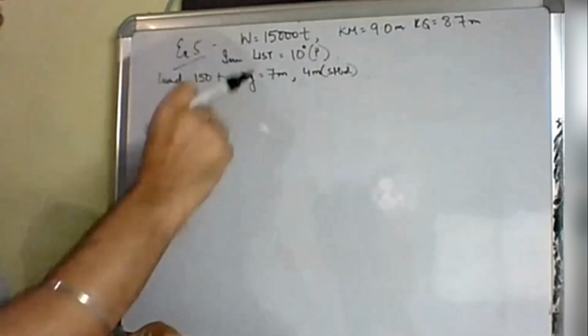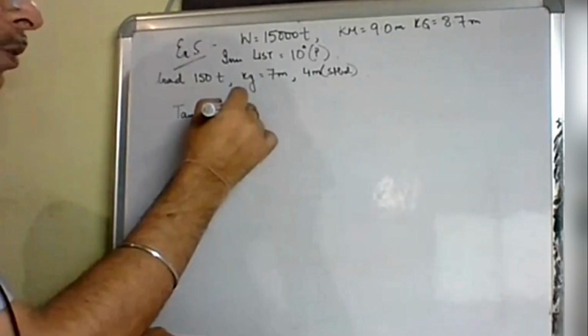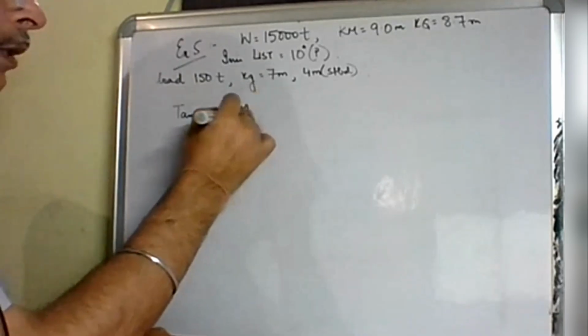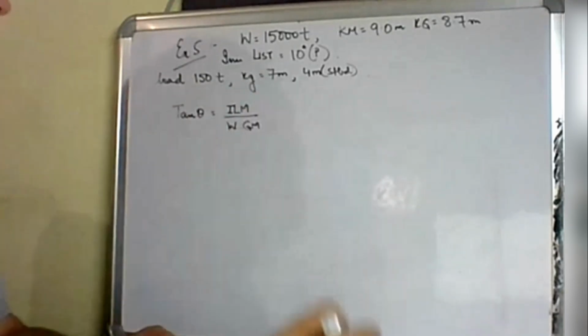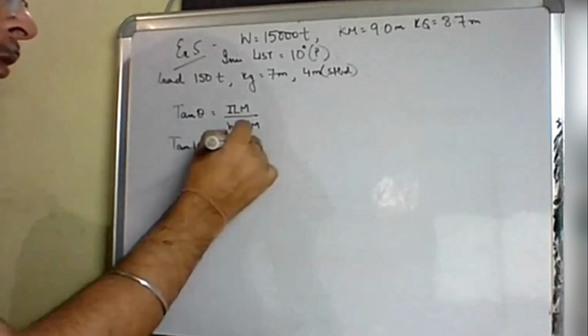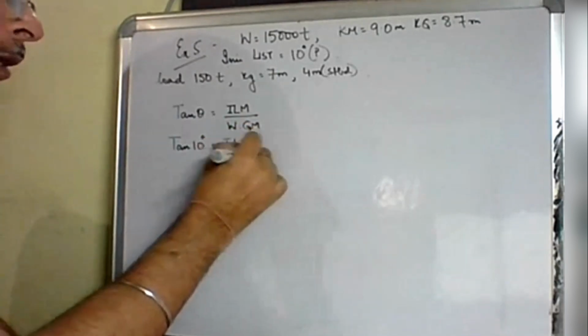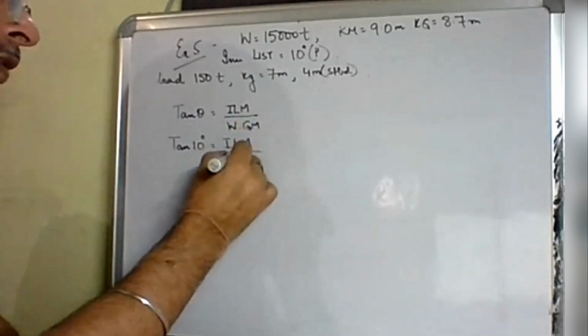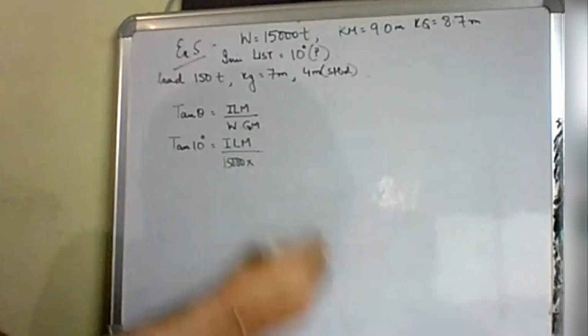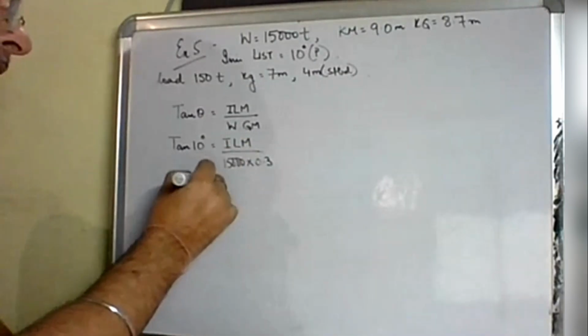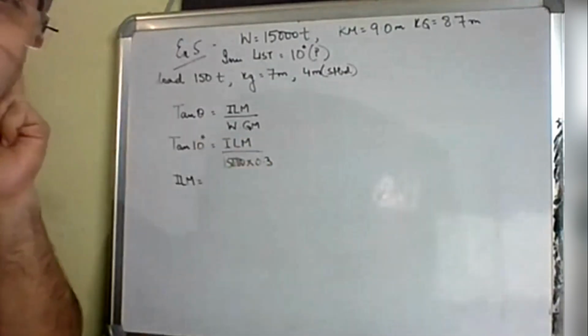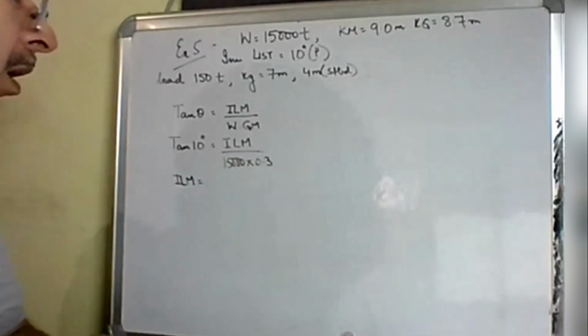The difference is that there is an initial list. So tan theta is equal to initial listing moment upon W into GM fluid. So tan 10 degrees is equal to ILM, initial listing moment, upon W 15,000 tons, initial GM 0.3. So cross multiply and calculate the initial listing moment.